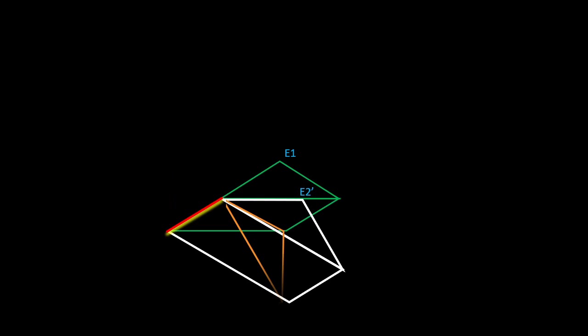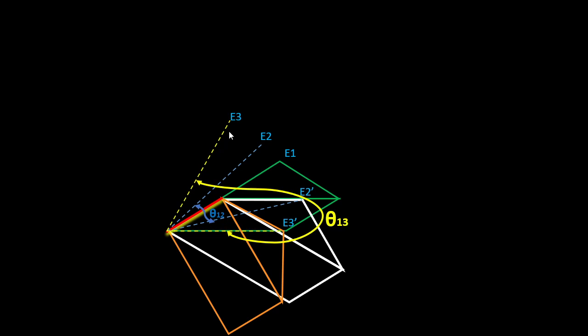So this E2 dash is also rotated by, I mean, theta 12 degrees. The angle is theta 12. Similarly, for E3 dash, this angle is theta 13.